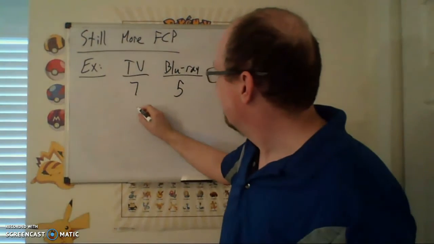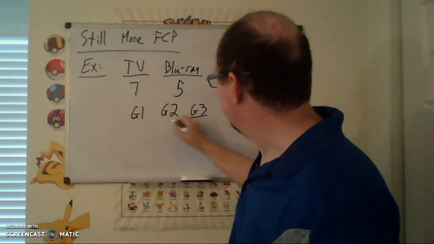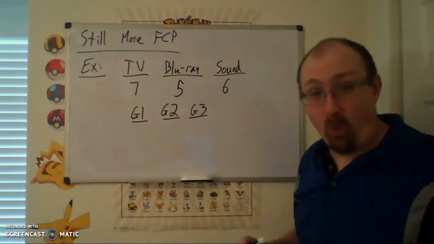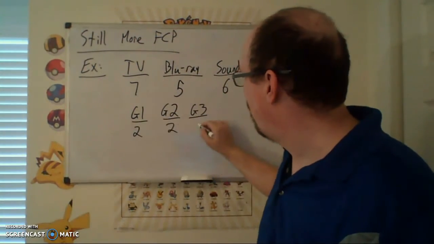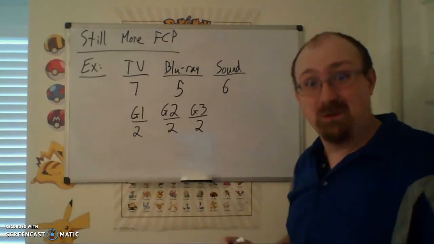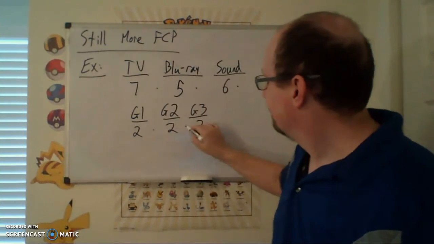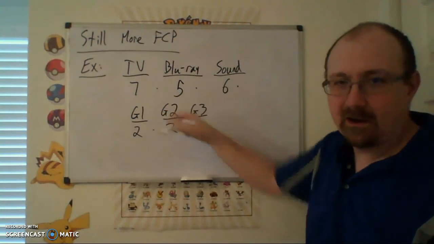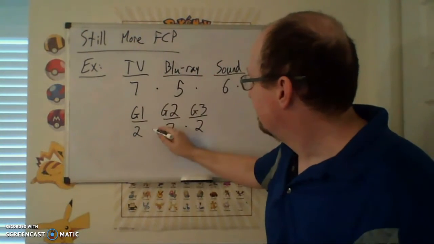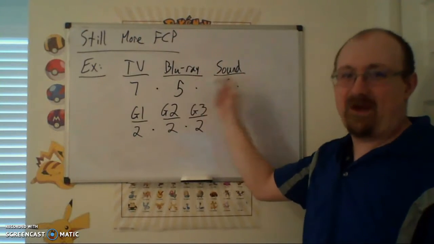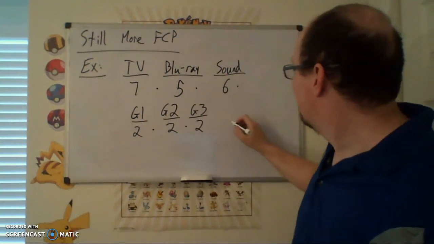So what ends up happening is I actually have 3 separate decisions to make here. 1 yes/no question for each system. So it turns out each one of those 3 guys actually has 2 possibilities. Technically this dot is carrying over to there, but my board is short, so I don't have room to fill it all in. So when you work this out, 7 times 5 times 6 times 3 copies of 2, or just 8 if you prefer.